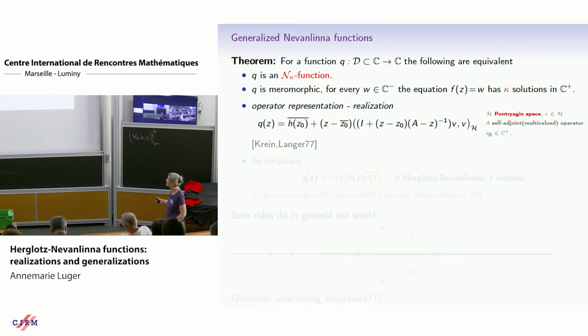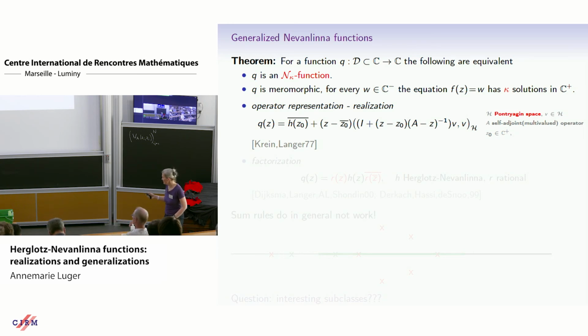Now we don't have a Hilbert space here, but a so-called Pontryagin space. A Pontryagin space is a vector space with an inner product that is not necessarily positive definite, but can be indefinite. Pontryagin space means that whenever you have a subspace that is non-positive, then it is at most kappa dimensional, so only finite dimensional. And then under the additional assumption of minimality, this negative index of the space and the kappa here will be the same.